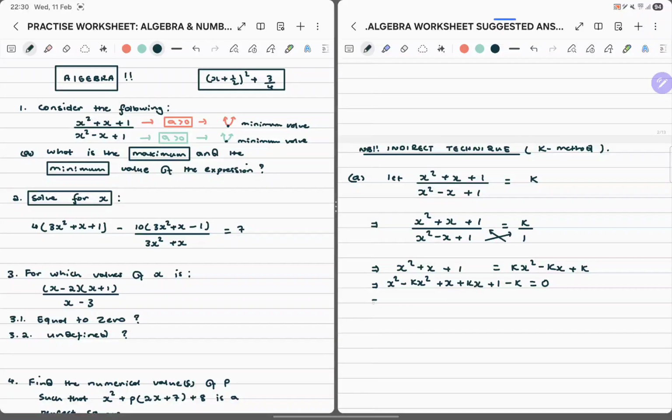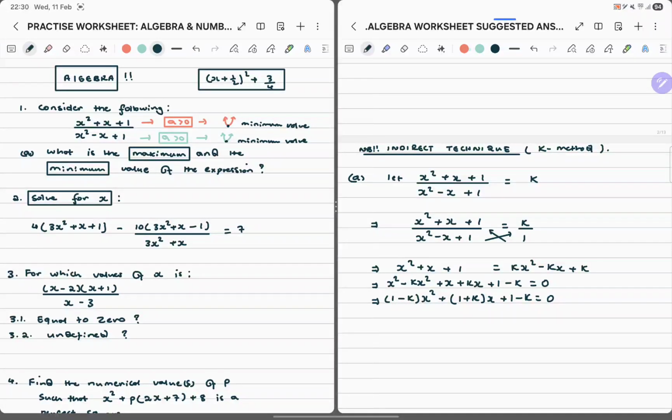I'm going to trace for you the steps that we have employed here of our 3-step approach. At this point, we're just going to go as we know how. This is factorization by grouping. So we take out the highest common factor for the x squared. So it's going to be 1 minus k times x squared. Plus we do the same here. It's going to be 1 plus k times x plus 1 minus k equal to 0.